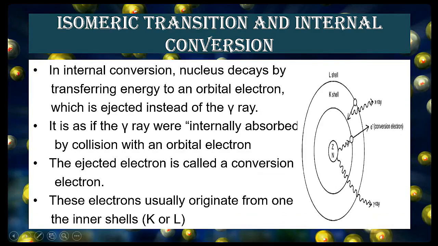Next we have internal conversion. In internal conversion, the nucleus will decay by transferring energy to an orbital electron. Instead of a gamma ray, an electron is emitted. The nucleus decays, converting the energy to an orbital electron, and this electron is emitted, which is called the conversion electron.